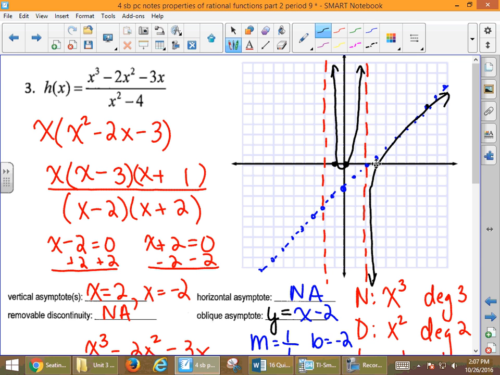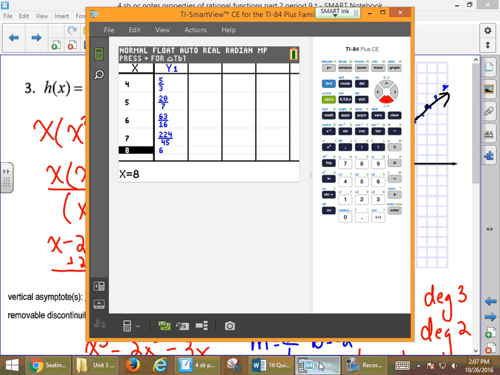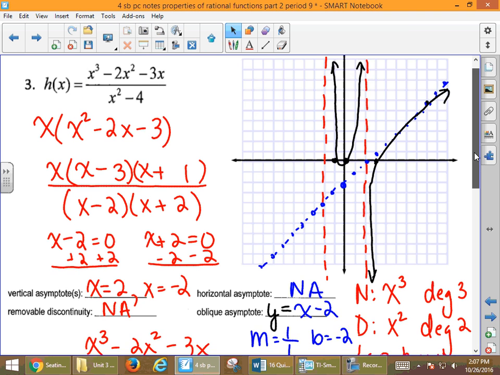And we can go back one last time and look to the left of our vertical asymptote at x equals negative 2. So if we go back here, see if we can find negative 4, negative 7. I thought we had one more, but it doesn't look like it.